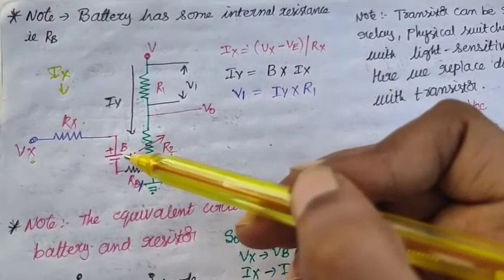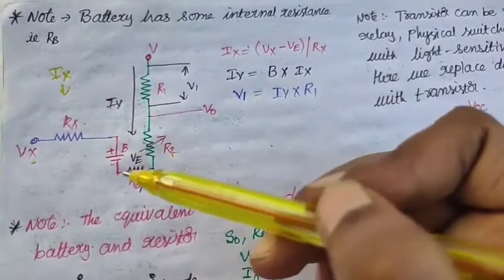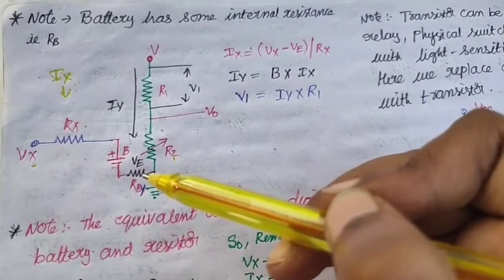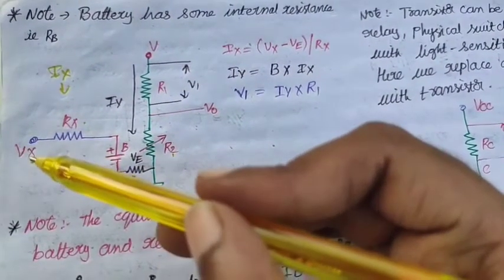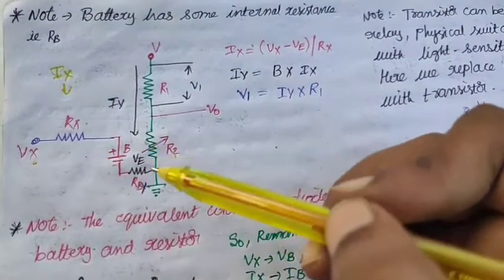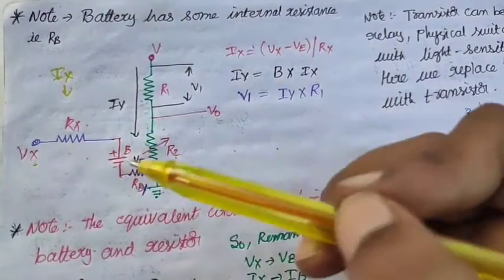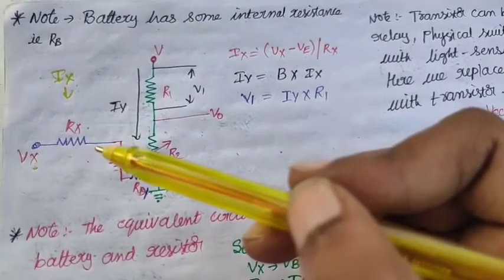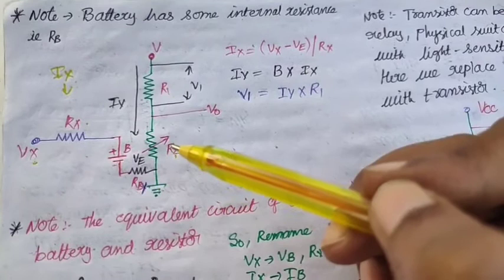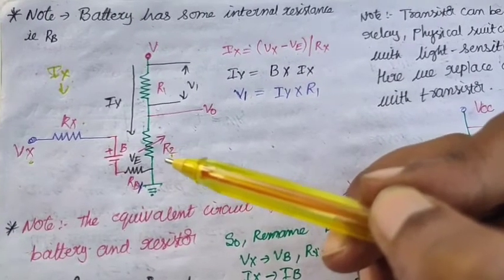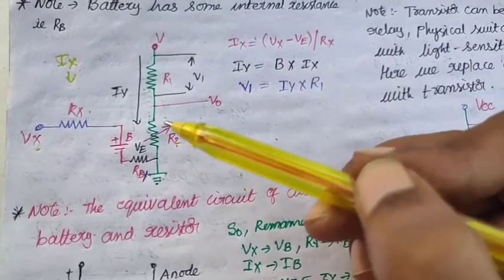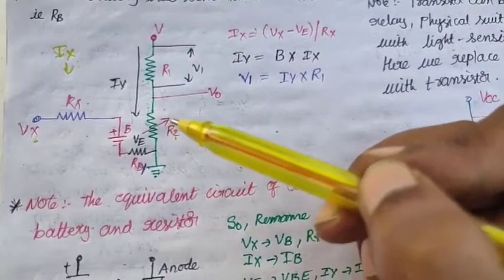So I kept a battery to create the potential difference. How is it created? Due to the internal resistance of the battery, there is some voltage drop, and we have applied some voltage. The difference between these two voltages causes the potential difference, so current will flow. This Ix current is used to control R2.